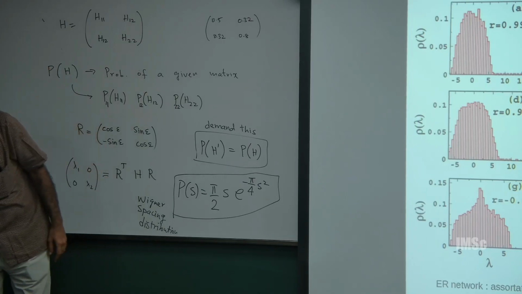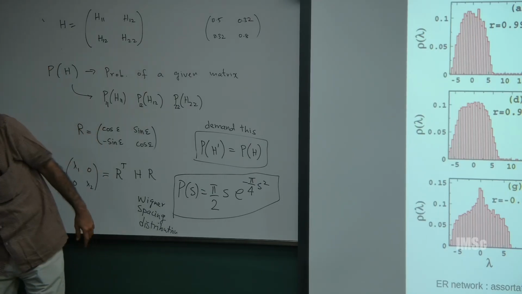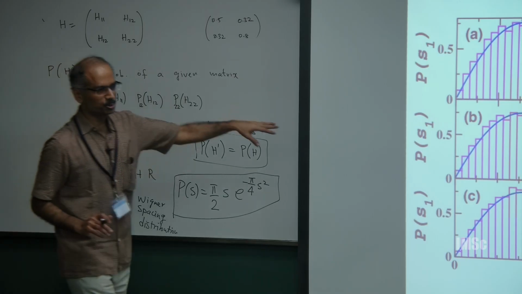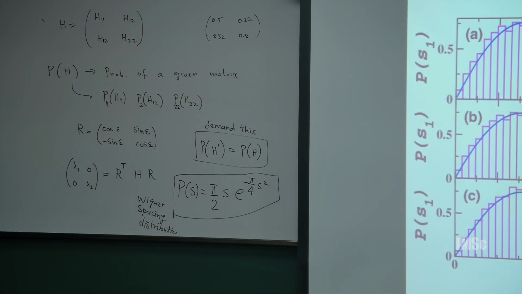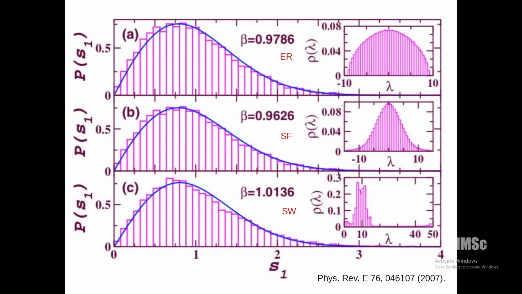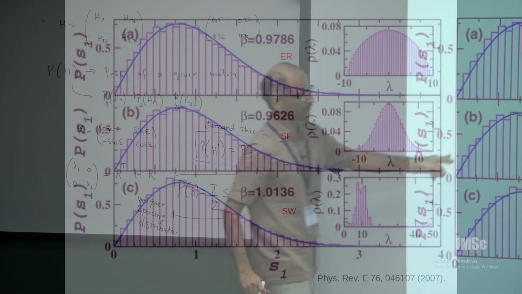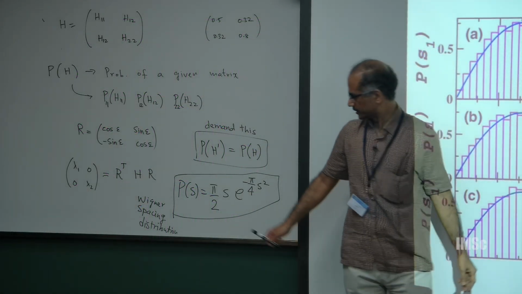But let me first show you this and tell you what it actually tells us. Let's focus on any of these. In fact, all of them are Wigner distributions. It's just a plot of this formula, for those of you who can't see it. This blue curve that you see here is exactly that.